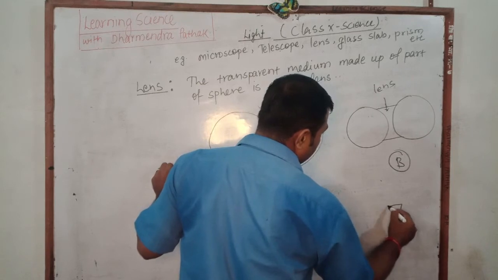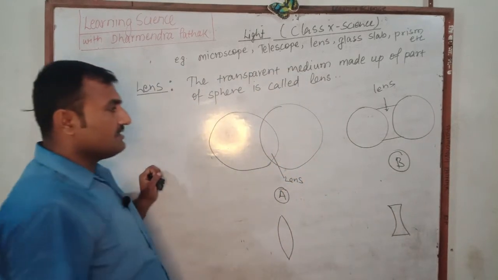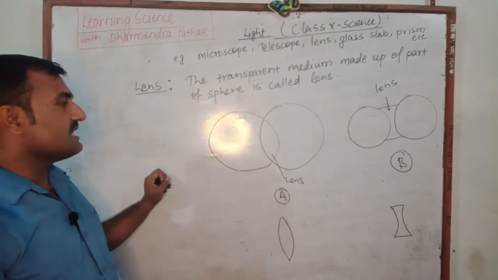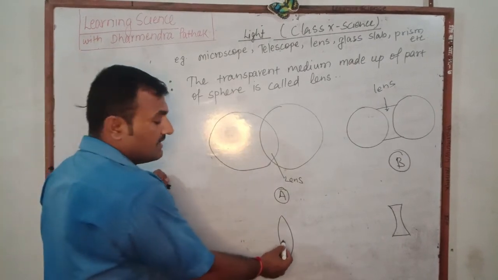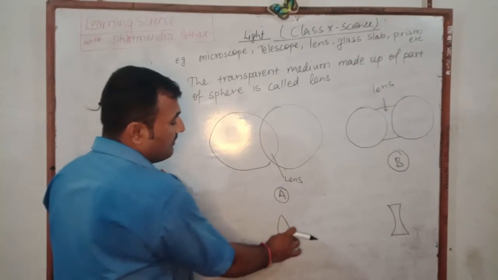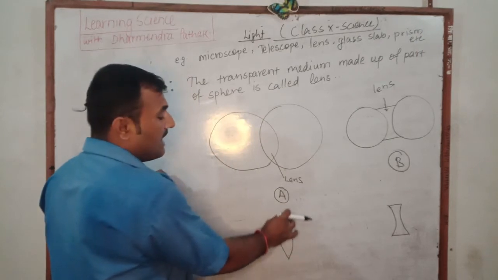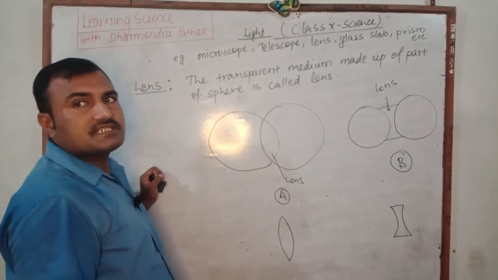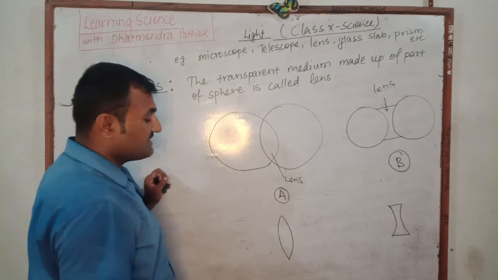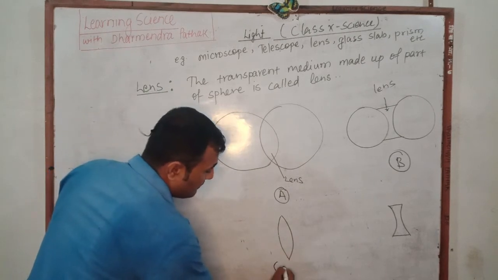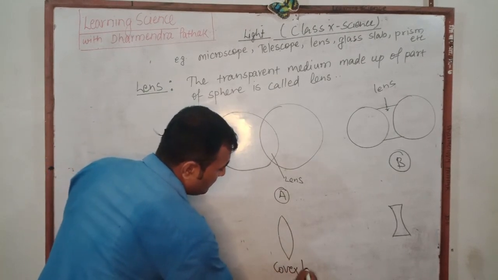Therefore the nature of these two types of lens is different. The lens in which the central part remains bulged and the edge remains depressed, towards the edge the thinner part is found, is called a convex lens.